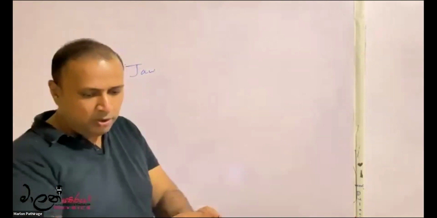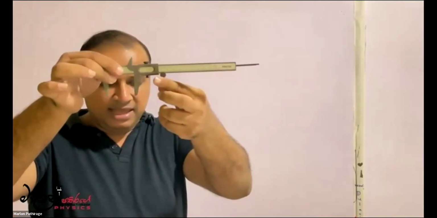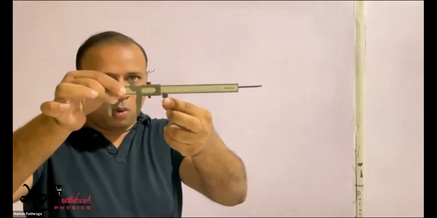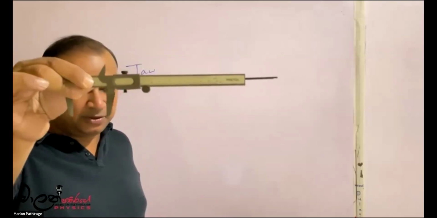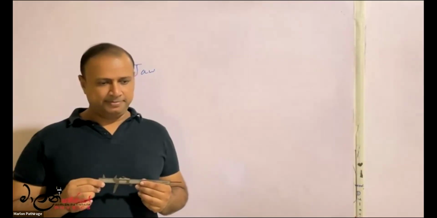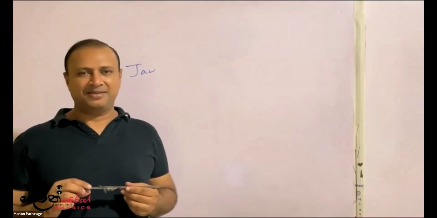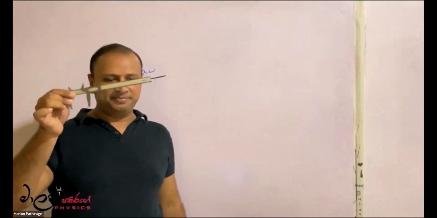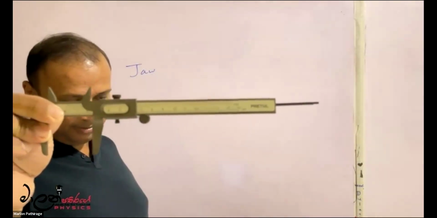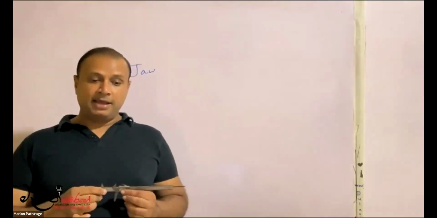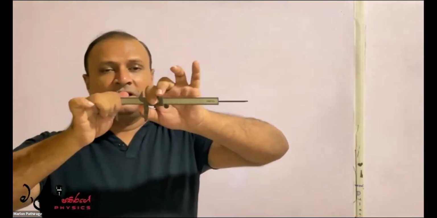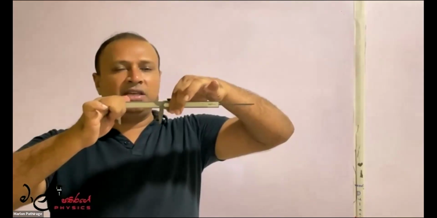Look at this one. You can clearly see there's a wheel here. Can anyone tell me what is the purpose of this wheel? Actually, it is used to move the sliding jaw or vernier scale.